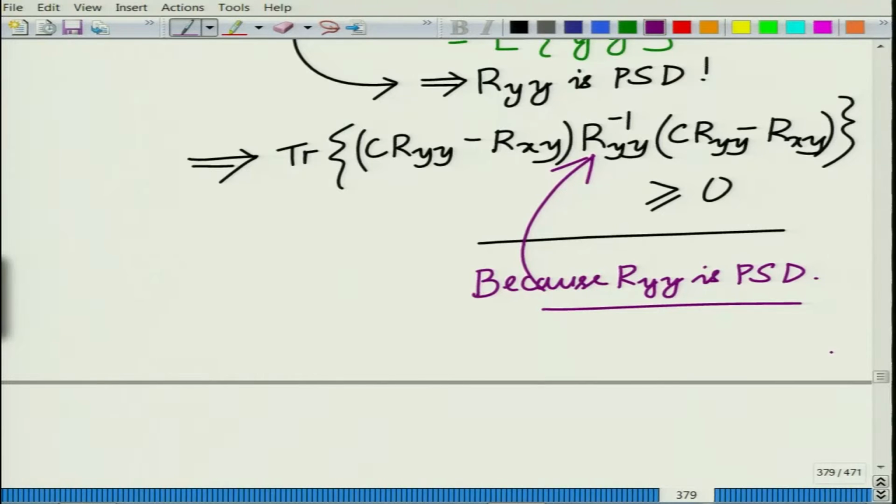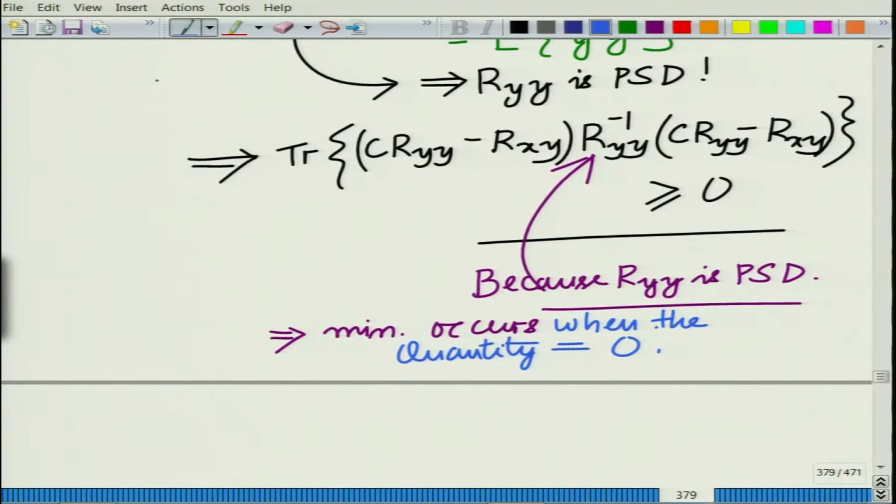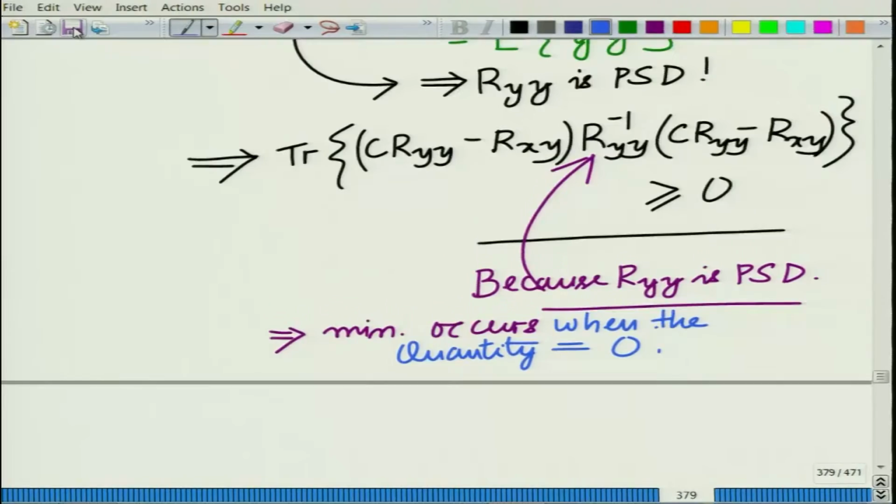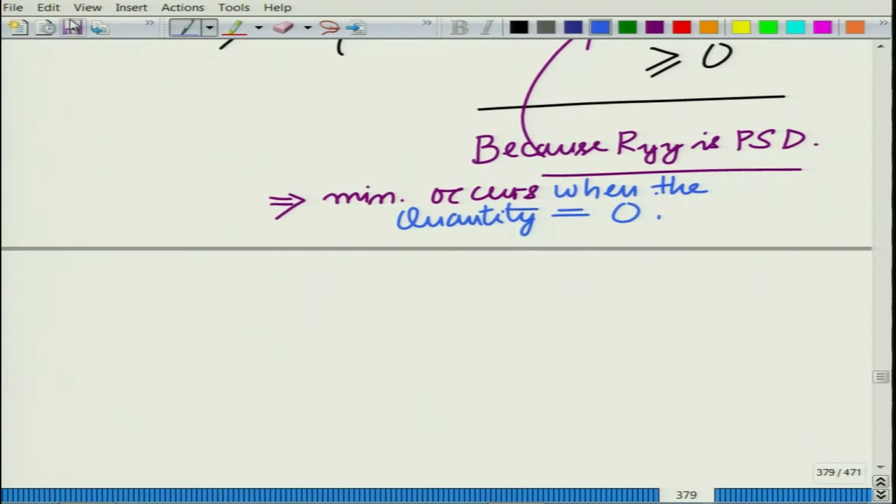So the minimum of this occurs when the quantity is equal to 0. That is obvious, because it is always greater than or equal to 0, so the minimum value is naturally 0.